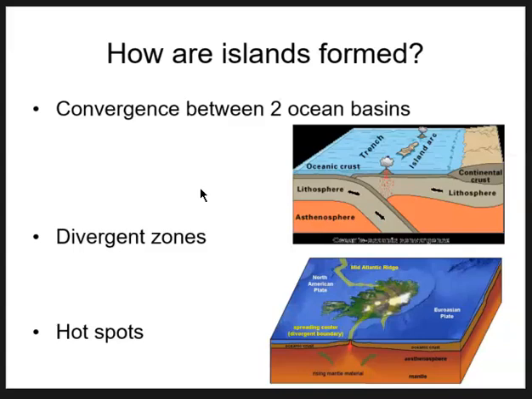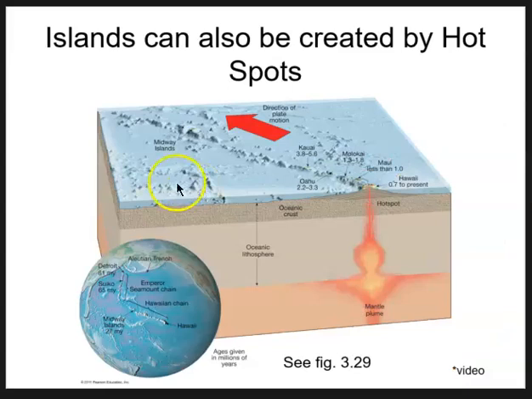And a third way, which we haven't discussed yet, is hotspots. A hotspot is kind of an anomalous plume of mantle material that comes up into the lithosphere, and that can be oceanic, or it can also be continental lithosphere, or continental crust or oceanic crust.